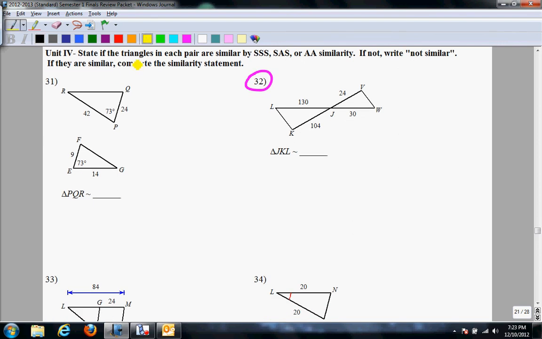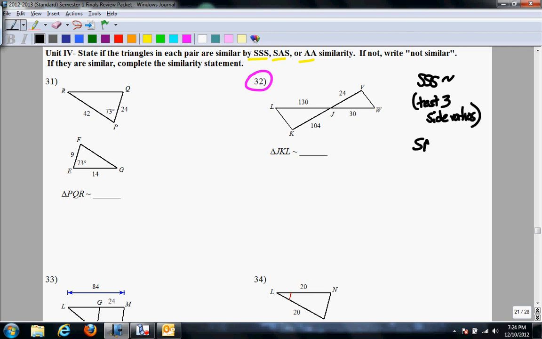It says state if the triangles are similar by side-side-side, side-angle-side, or angle-angle. If not, write not similar. So to do side-side-side similarity, you have to test 3 side ratios.